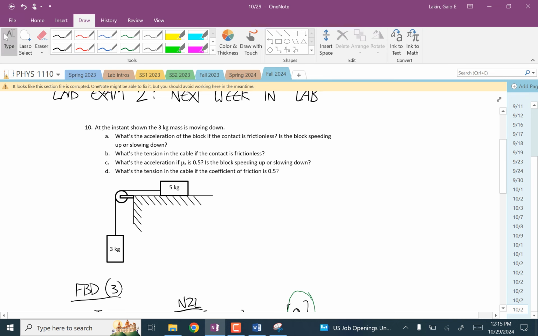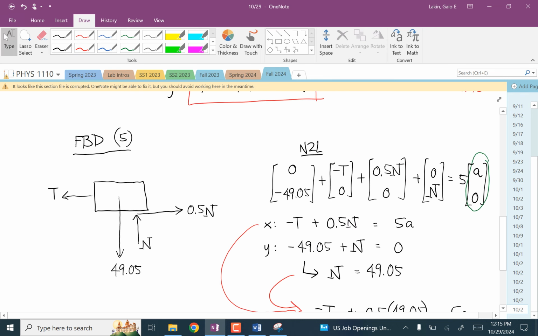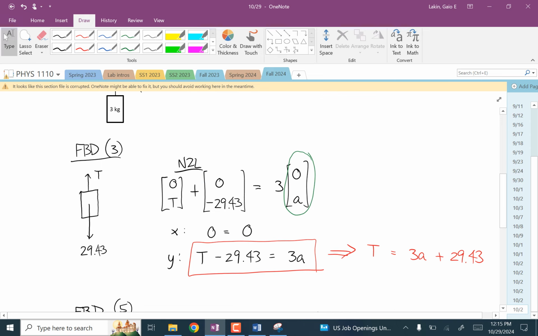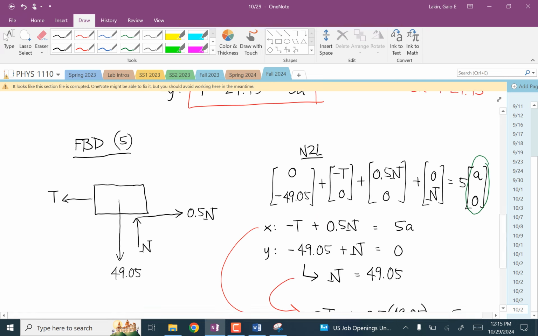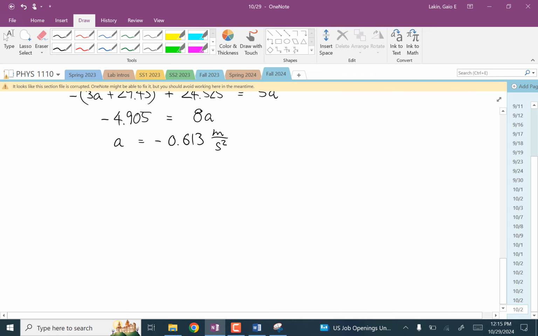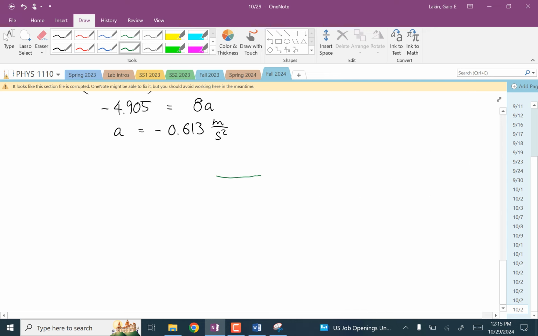No. But what you can tell from this is that since we got a negative acceleration, the hanging mass is accelerating down. And the sliding mass is accelerating to the left. So we can think of it as accelerating this way and this way at 0.613.